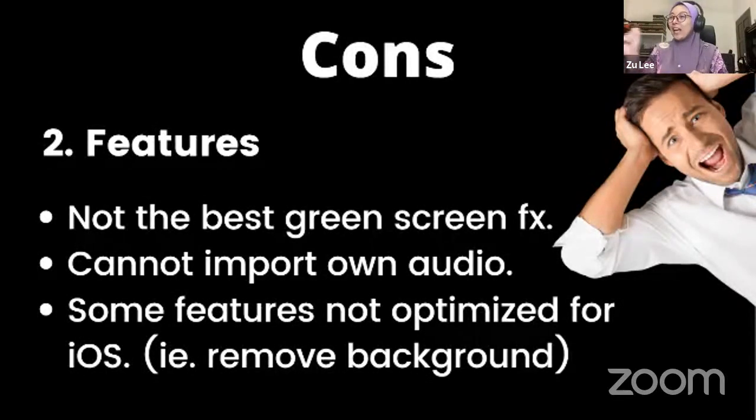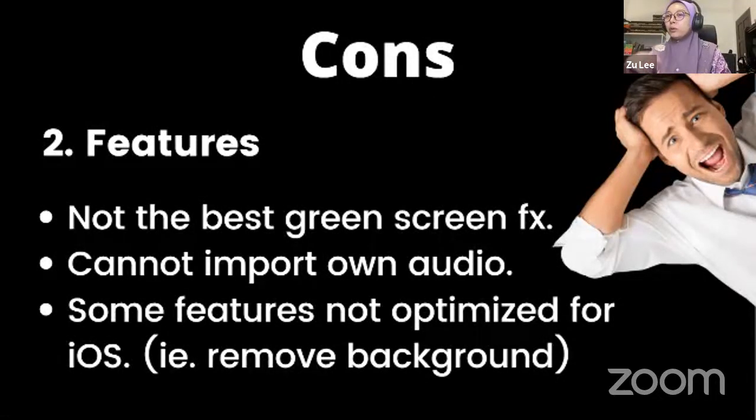So when I add shadows, it looks as though it covers up all the parts that the app actually deleted. And another thing that I find unsatisfying is that you cannot import your own audio. This is because of copyright. CapCut wants you to use the copyright-free music in their app.